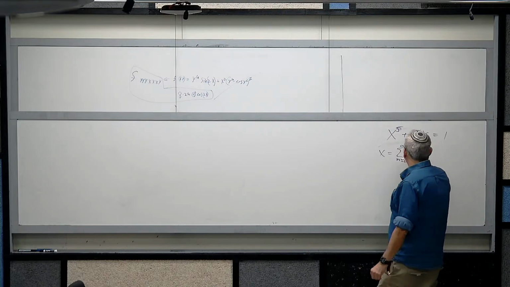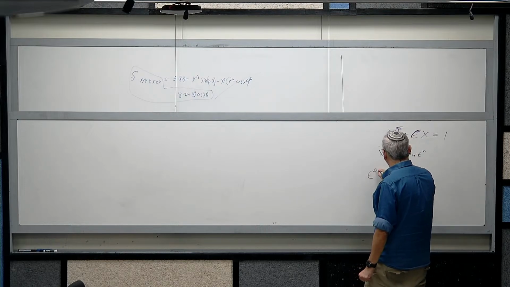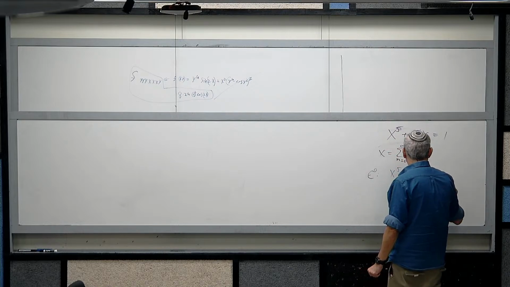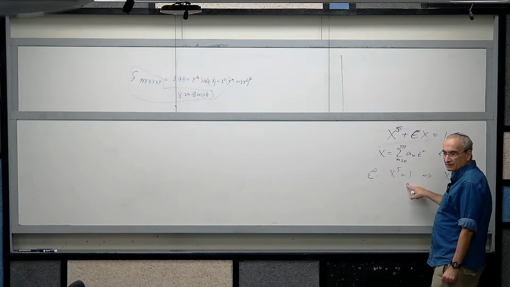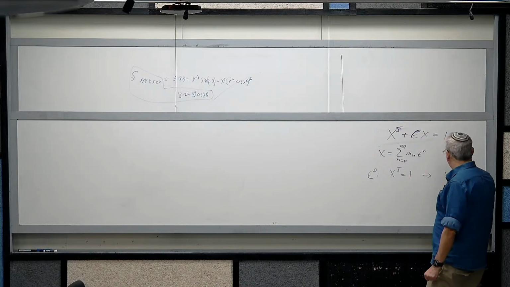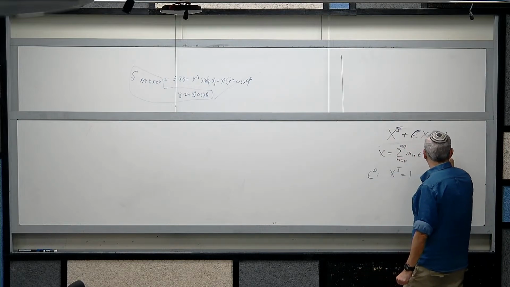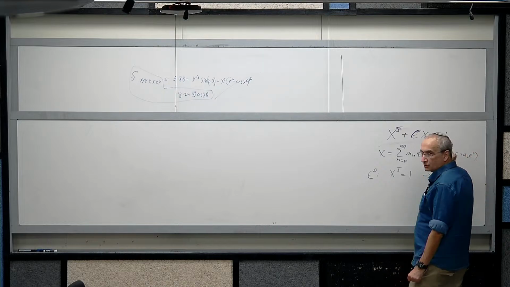For the 0th power in epsilon, I have x to the 5 equals 1, which implies that, for example, x is 1. This is one of 5 solutions, because this is a 5th order equation. Then I can write x as 1 plus a1 epsilon plus a2 epsilon squared, and so on and so forth.